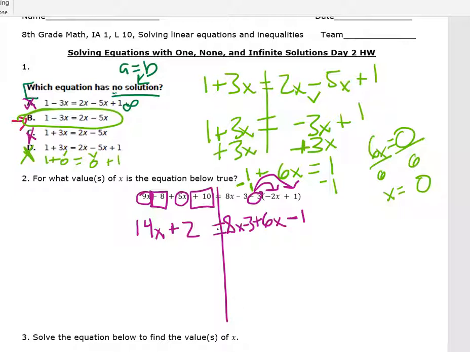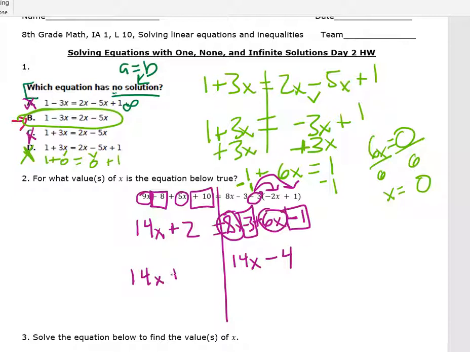What can I combine? I can combine my 8x and I can combine my 6x. And I can also combine my negative 3 and my negative 1. So I'm left with 8x plus 6x gives me 14x. And then when I combine negative 3 and negative 1, I'm left with negative 4.